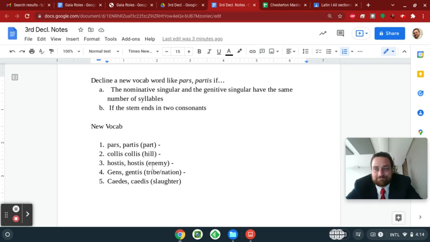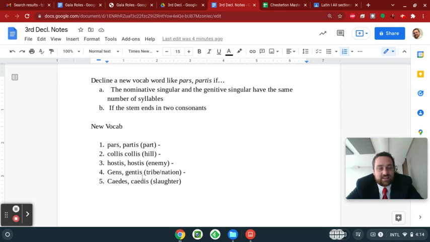Hostis, enemy. Guess what? Most enemies, even though today enemies could be males or females, I suppose, but we're not talking about today. We're talking about in Roman times, and enemies typically meant a male. So hostis is a masculine word. End of story.